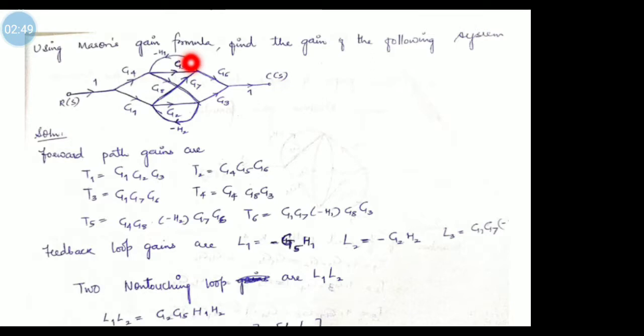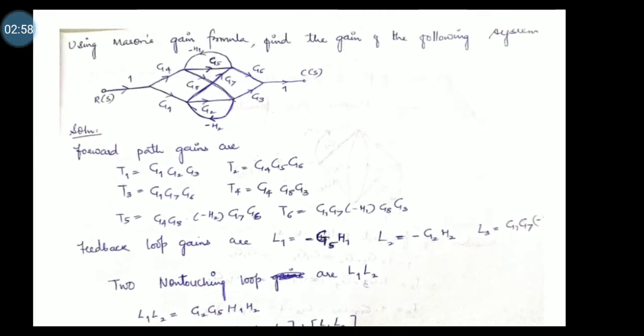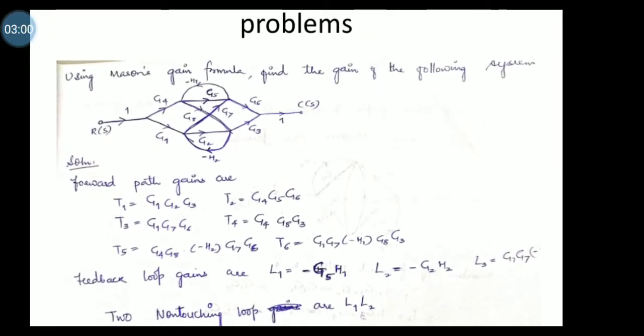G4, G8, minus H2, G7, G6. Next, one more forward path is G1, G7, minus H1, G8, G3.